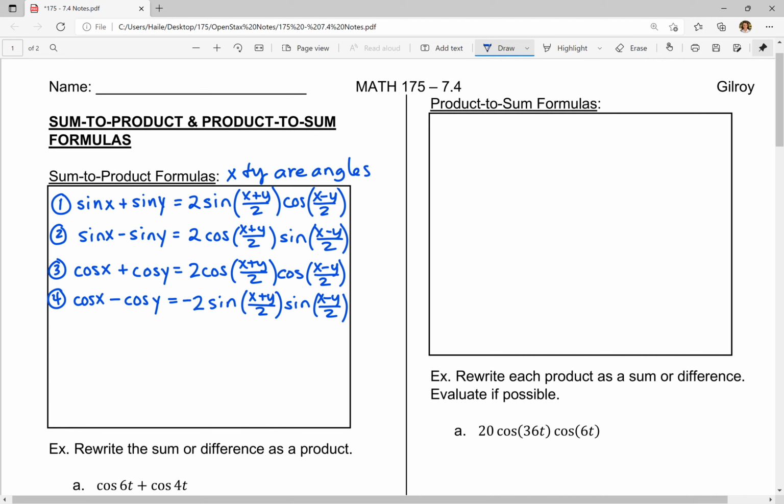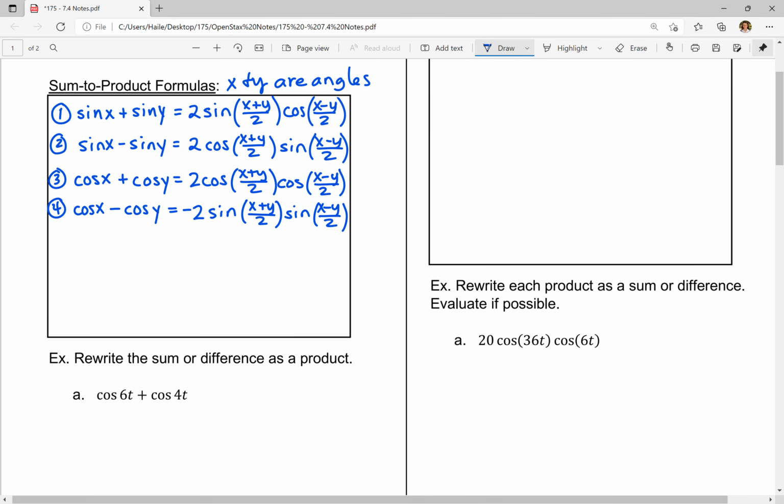So those are our most basic four sum to product formulas. We also have a couple for tangent, so we'll write those down, but they're not as important. So fifth, if we have tan x plus tan y, that's equal to sine of (x plus y) over cosine x cosine y.